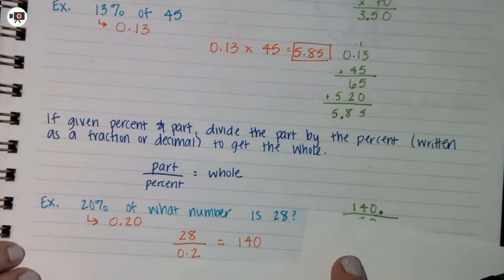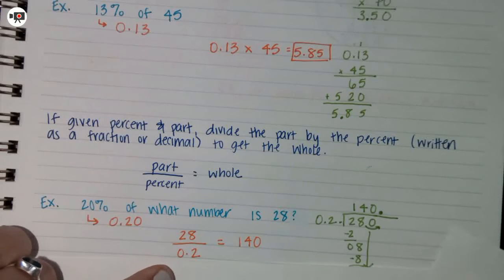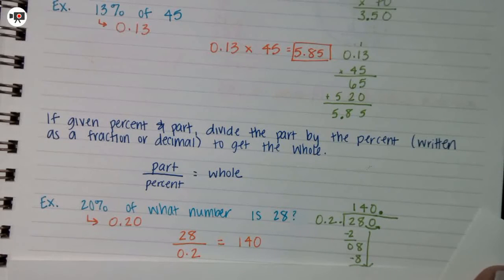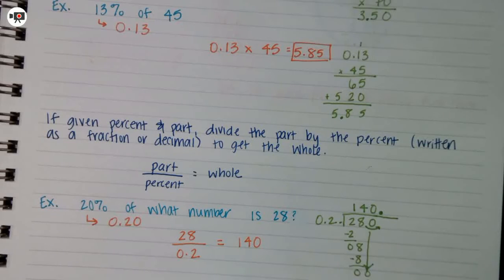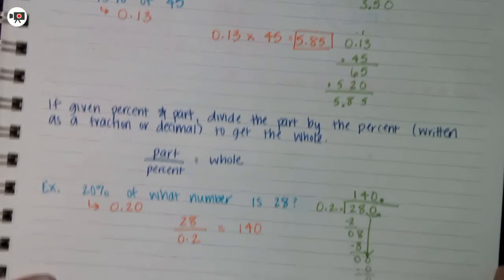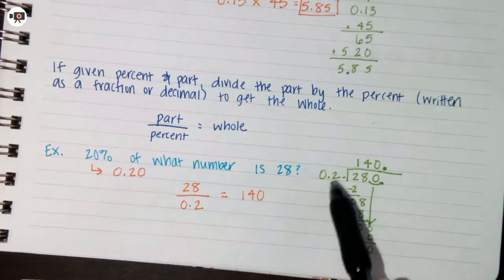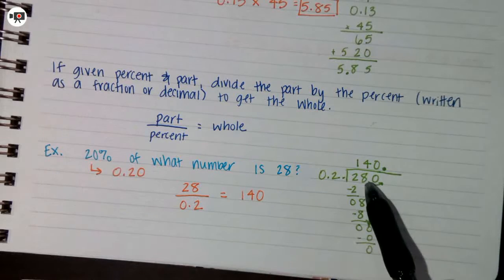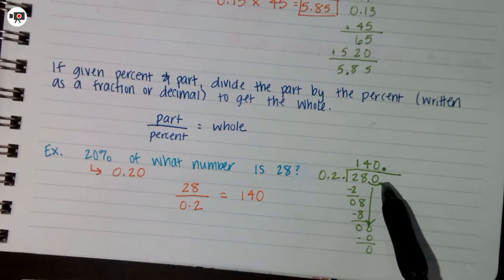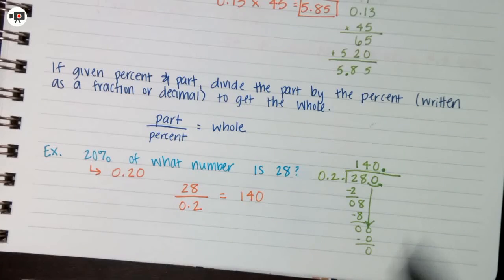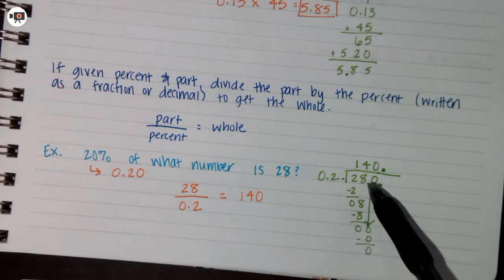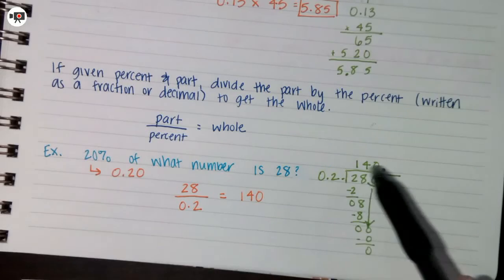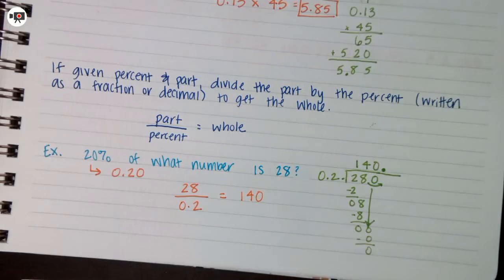And here you would divide the whole number by the decimal. We would have to move our decimal point on the outside here, move it over 1 spot to the right. That means on the inside you move your decimal 1 spot to the right, and then it goes straight up from there. Then you treat these like they are 2 whole numbers, and your answer will be 140.